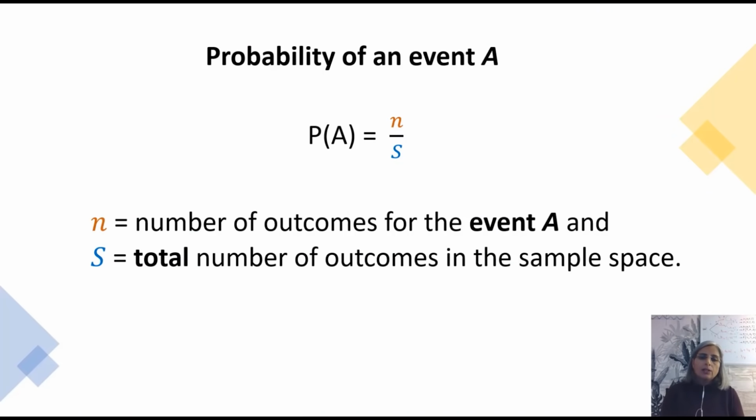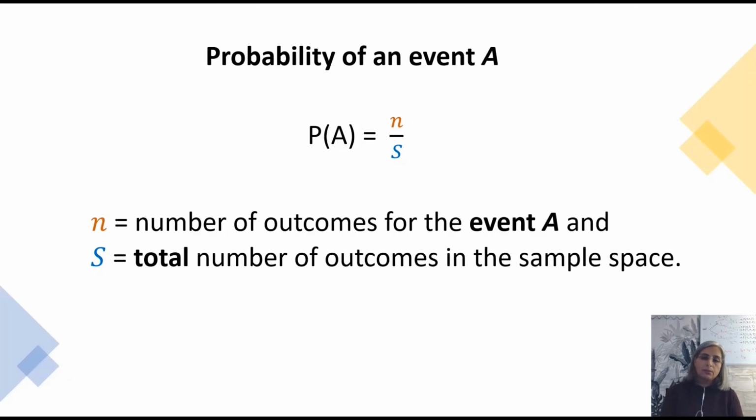So we can now make the conjecture that the probability of an event occurring depends on 2 numbers, n and s, where n is the number of outcomes of the event A, how many times the event A appears in an outcome, and s is the total number of outcomes in the sample space.